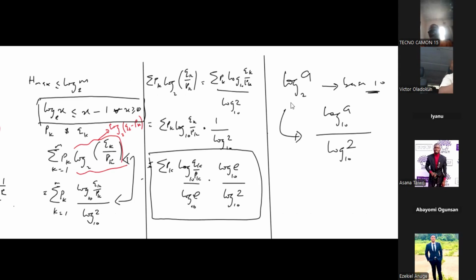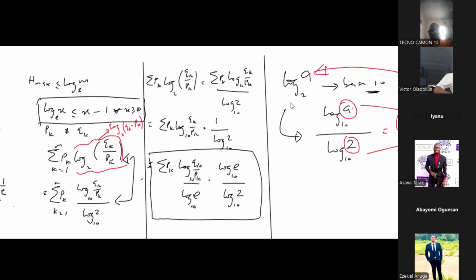Yes, sir. So it means that if I now want to move back from this relationship to base 2, what I'm particular about are these two parameters. This will be to the base of this, which will be the same as log A base 2. And this is equal to my original expression, right?